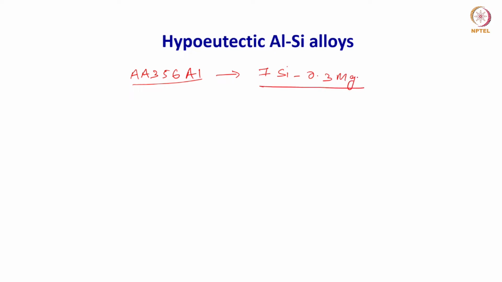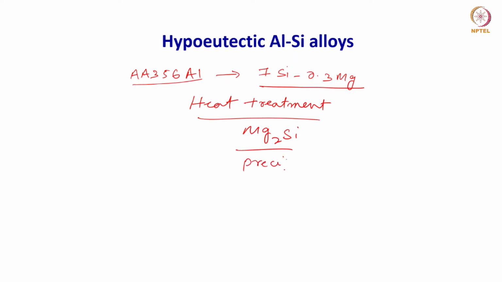You can further improve the strength of this alloy by heat treatment, because as I said before, this is a heat treatable alloy which will form this kind of precipitates, and this will lead to precipitation hardening and improve the strength.